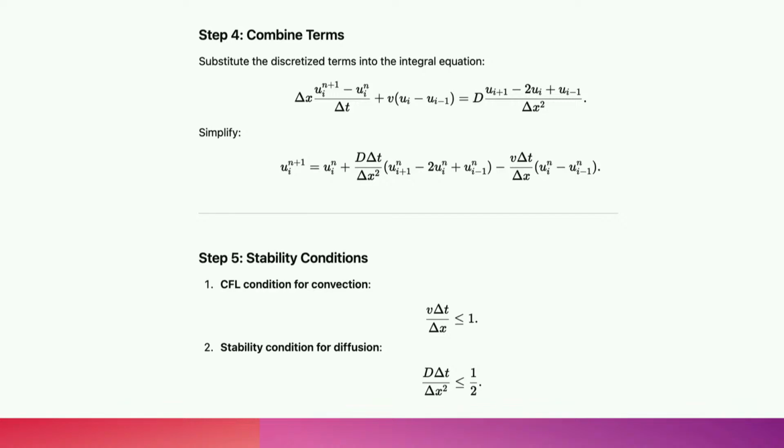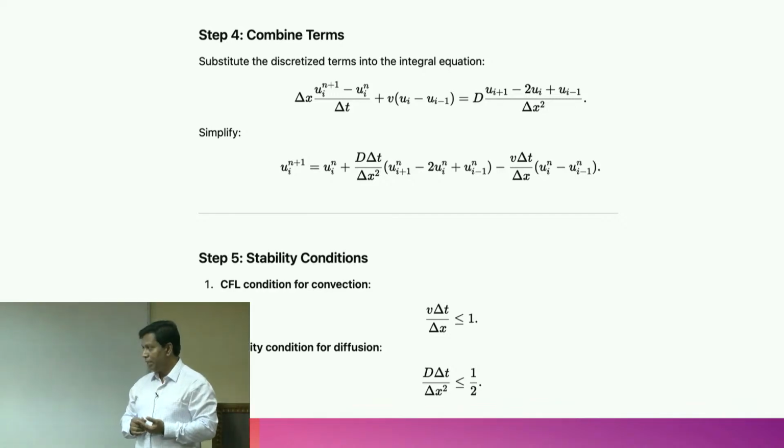Now, here we have two stability conditions. The CFL, I told you before, the CFL condition for convection involves the velocity, the time step, and the control volume length. So, these three are very correlated, and it should be less than or equal to 1.